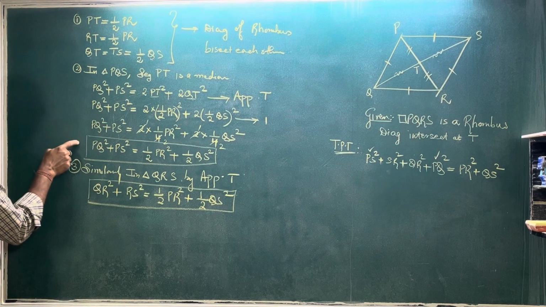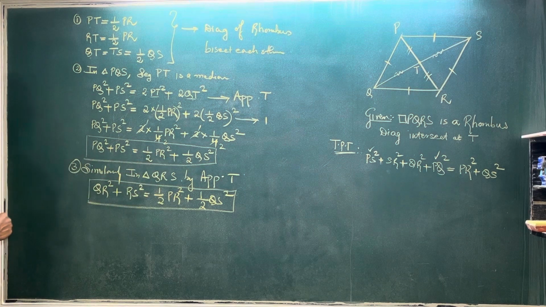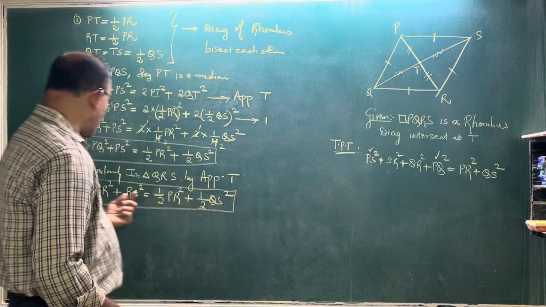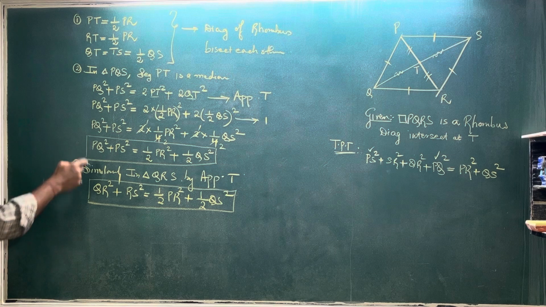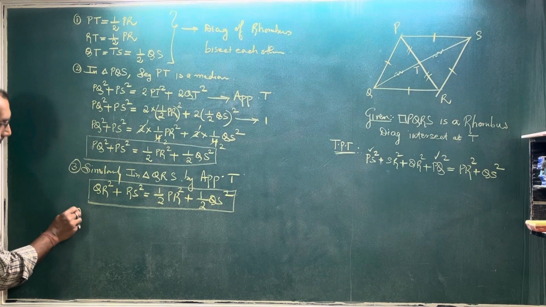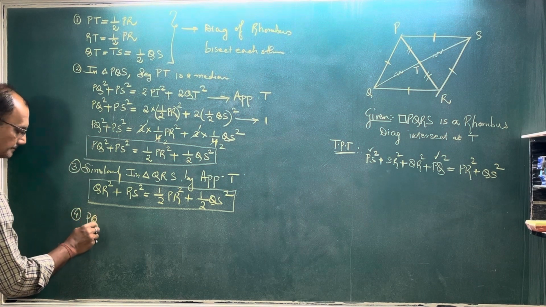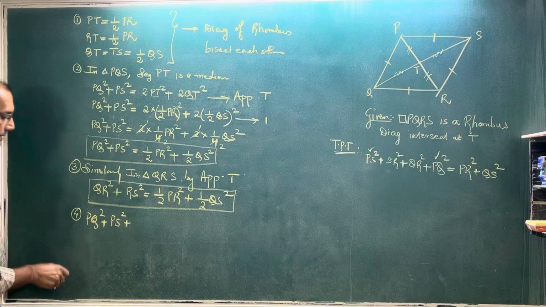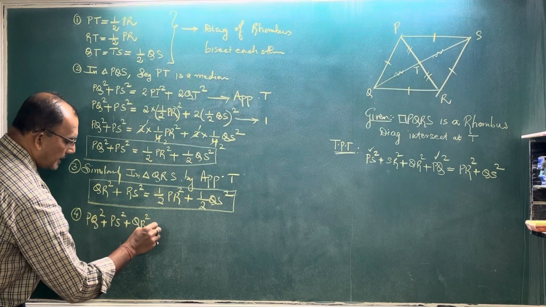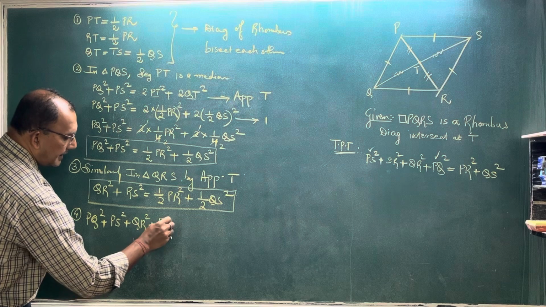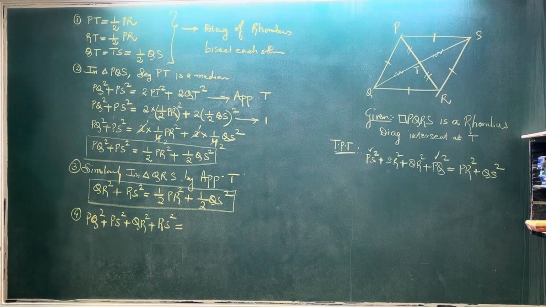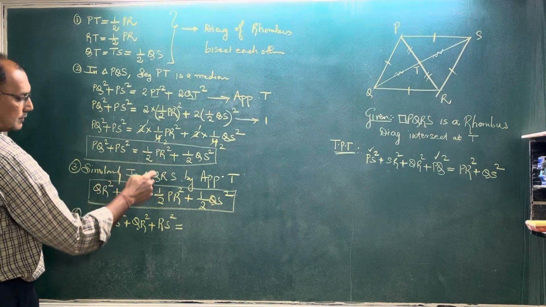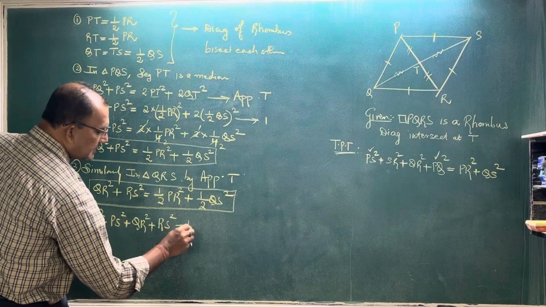Now I can add LHS and RHS. If I add LHS now, I'll get even QR square plus SR square, which was missing. So I'll add up these two things. That gives me point number 4, PQ square plus PS square plus QR square plus RS square is equal to, children, half PR square plus half PR square. Half PR square plus half PR square will give me just PR square.